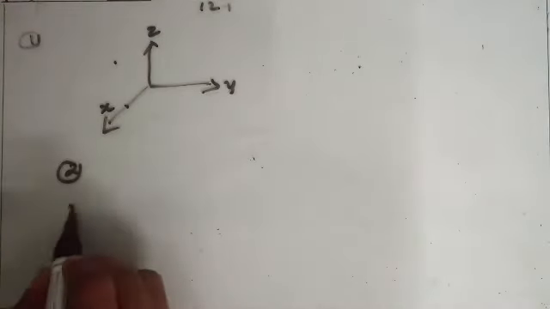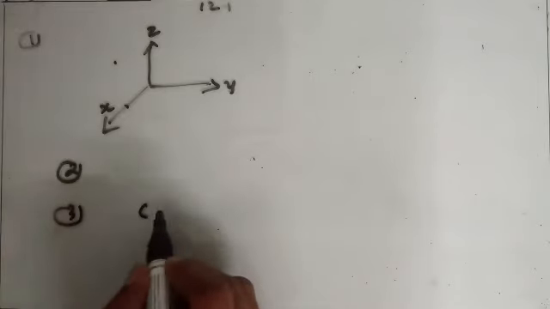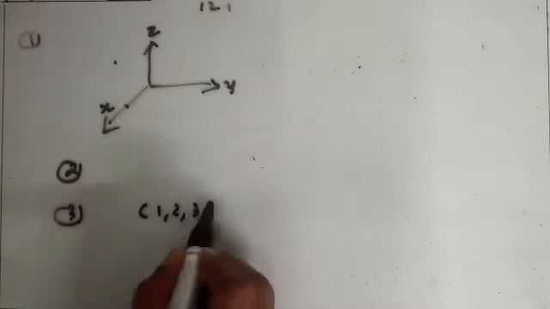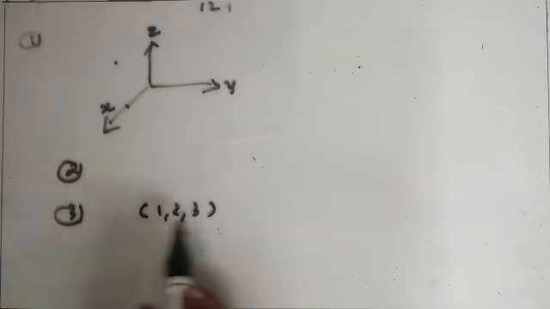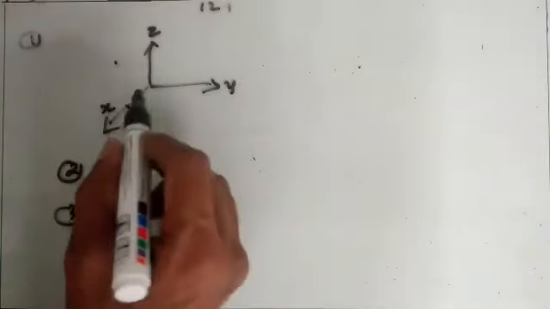Now question number 3 given, name the octant in which the following point lies. First, 1, 2, 3. Here all coordinates of this point are positive, so this point lies in the first octant, x, o, y, z.